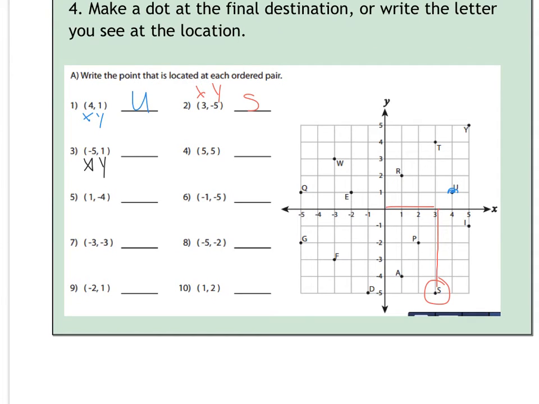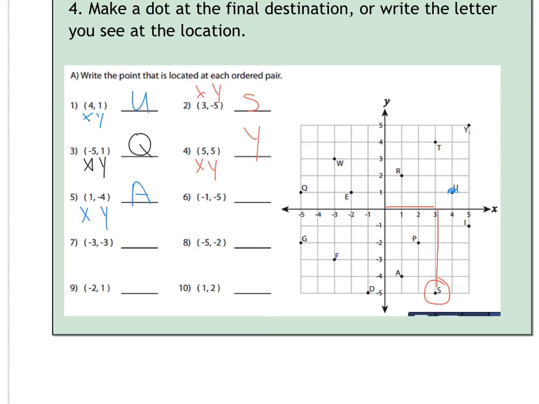X and Y: (-5, 1) would be a left movement 5 on the x-axis, and then up 1, and we'd be at Q. (5, 5), we're going to go 5 to the right, and 5 up, and be at Y. (1, -4), we're going to go 1 to the right and 4 down, at A.